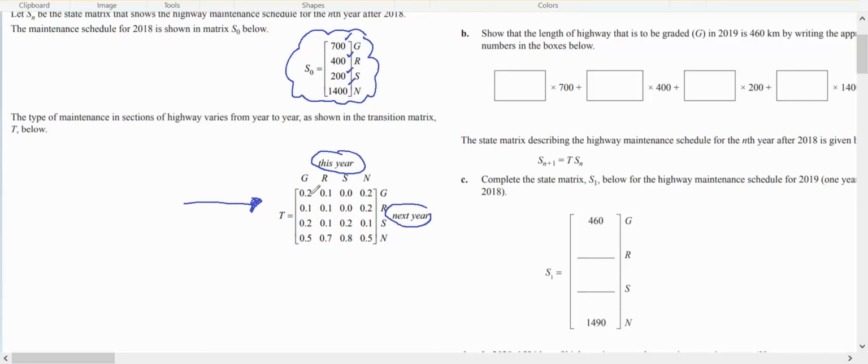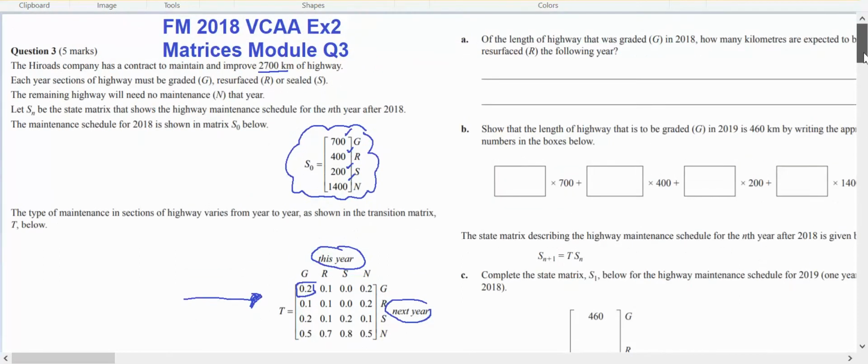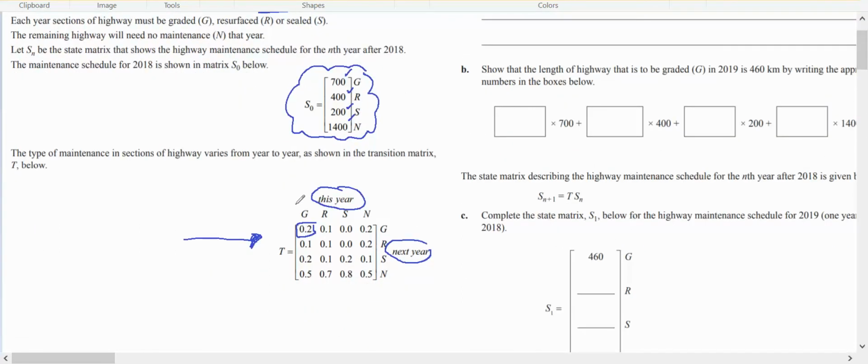So how do I read this? 0.2 of the graded roads will be graded again. 10% of the graded roads will get resurfaced. 20% of the graded roads will get sealed, and 50% of the graded roads will have no maintenance next year. So this describes the maintenance of what happens year by year based on what happened on the previous year. Okay.